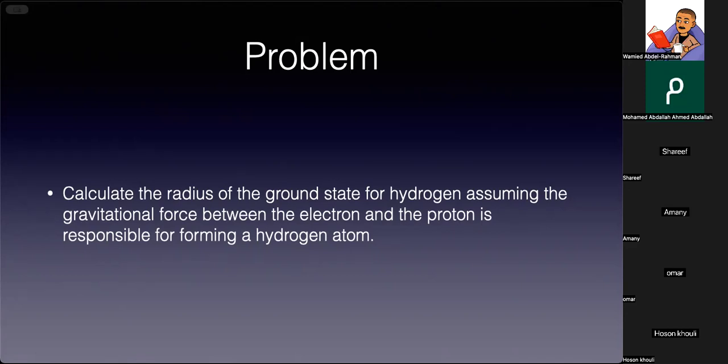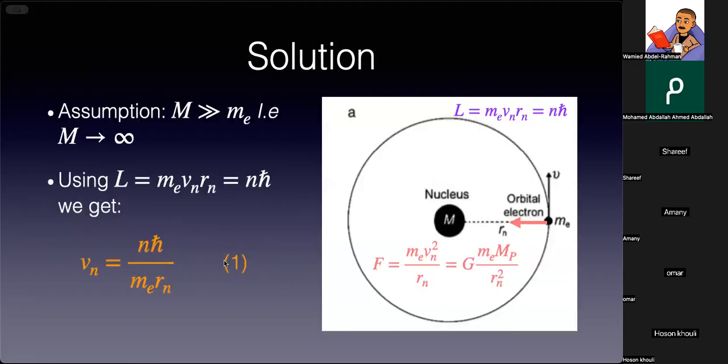So what I proposed is, let's redo the Bohr method, but instead of using the Coulomb force between the electron and the proton, we're going to assume that the electron is held to the proton by the gravitational force. So we want to calculate the radius of the ground state, that means n equals 1 for hydrogen, assuming the gravitational force between the electron and the proton is responsible for forming a hydrogen atom.